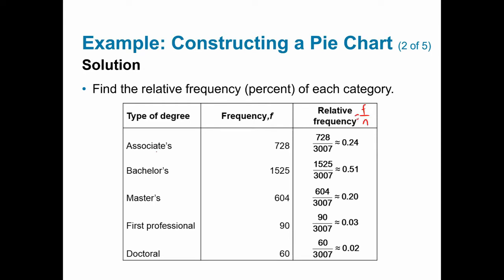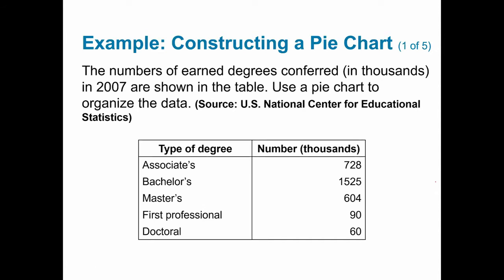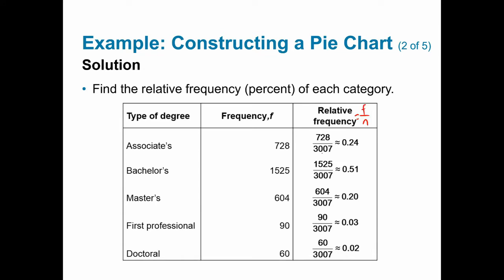For associate's degrees in this case, we knew our frequency was 728, and our sample size was 3,007, so our relative frequency was 728 over 3,007, which was approximately 0.24. You do that for all 5 of these degree types.